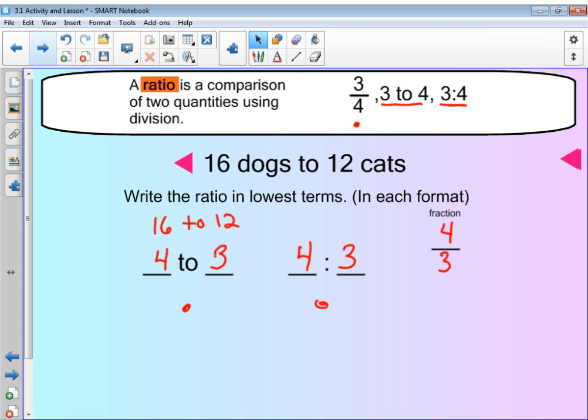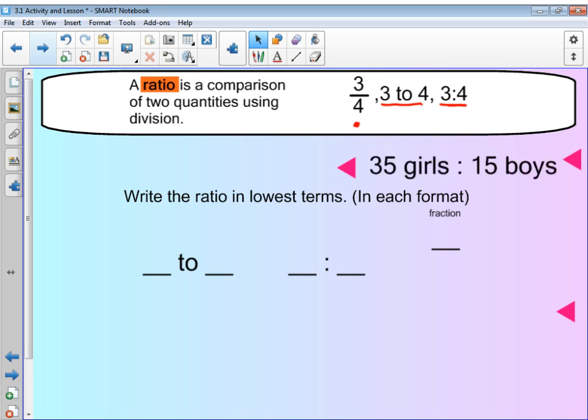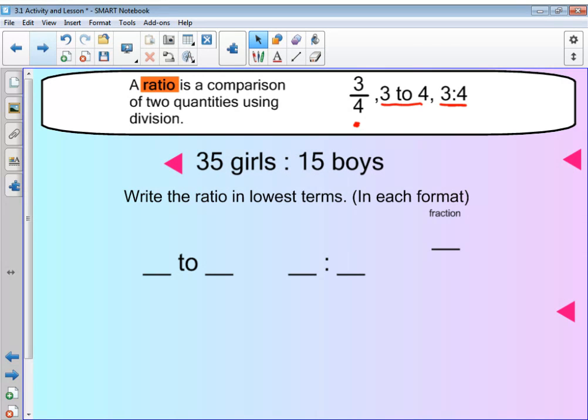Okay, so let's try another one. 35 girls to boys. So girls, colon, boys. So in this case, 5 would go into each of these. So 5 would go into 35 7 times and into 15 3 times.